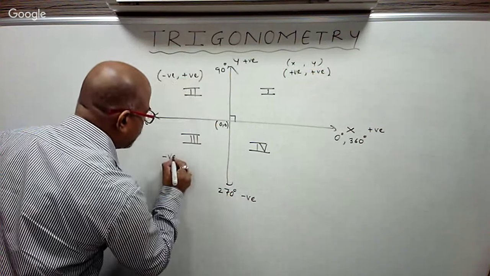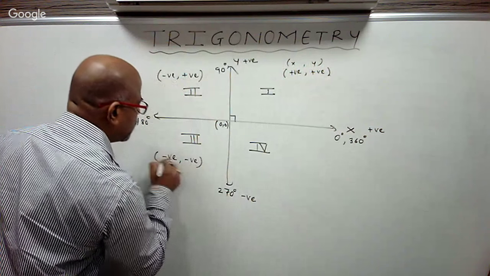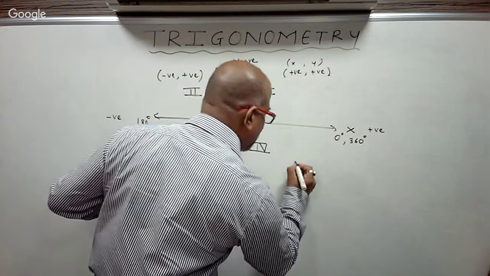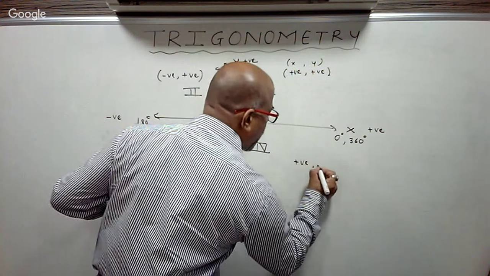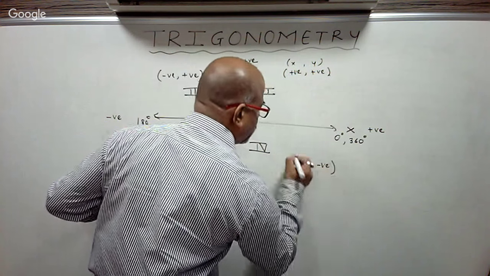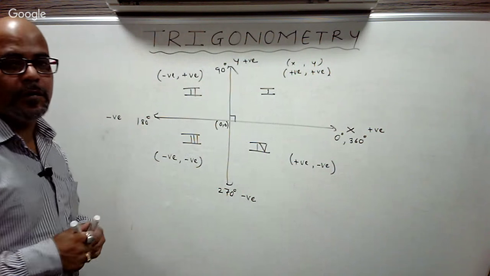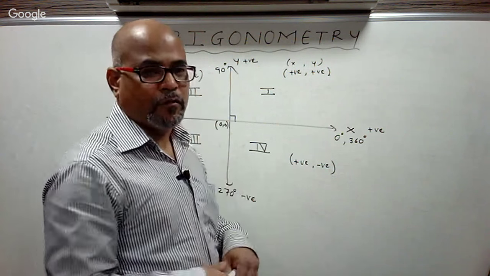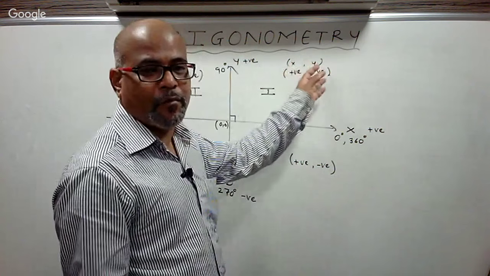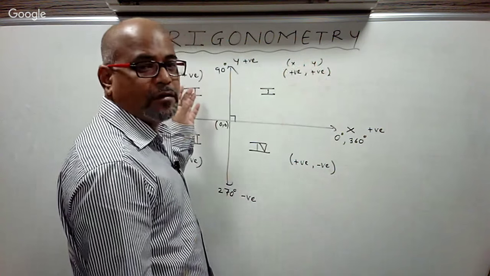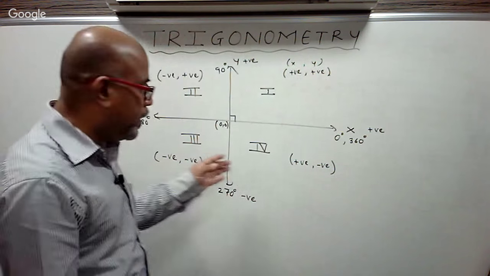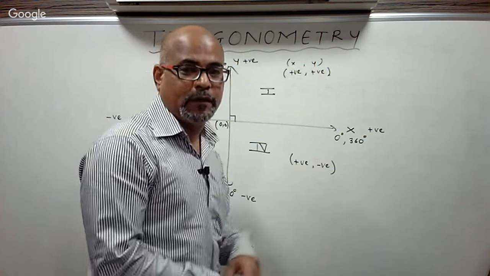Here both are negative, because this is the negative direction of the x-axis and this one is the negative direction of the y-axis. Here x positive and y negative. These are the positions of the first, second, third and fourth quadrants. In the first quadrant, both x and y are positive. In the second quadrant, x negative, y positive. Here x and y both negative. Here x positive and y negative.